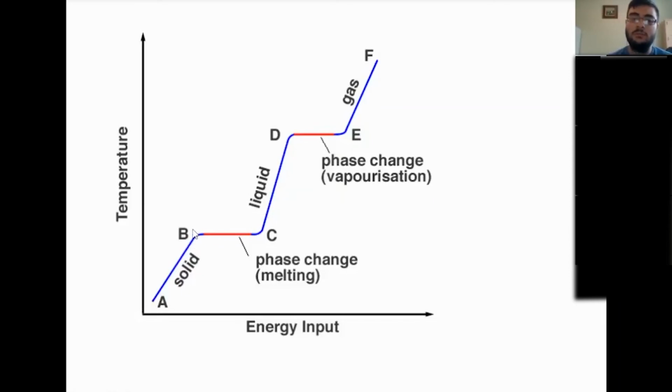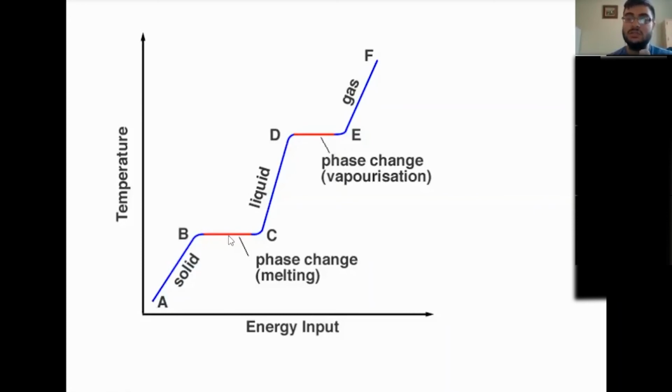Then it reaches a point. This point B is when it's reached its melting temperature. The melting temperature of ice is 0 degrees Celsius, so at this point, it's 0 degrees Celsius. At this point, you put your blowtorch back towards the ice, and as you notice, you put in more heat, but the temperature doesn't change. It always stays at 0 degrees. This red line represents the phase change.